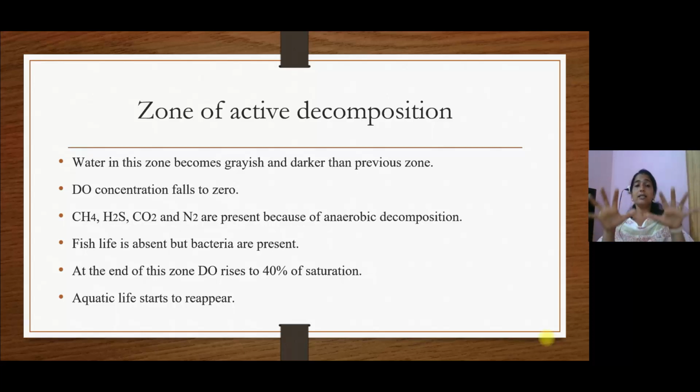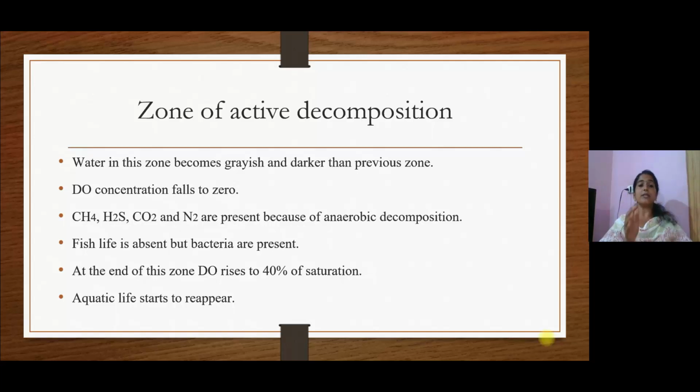That is, the total dissolved oxygen content available in the dilution water will get utilized by the waste present in the wastewater, and the organic matter will get decomposed, and the total dissolved oxygen content of the dilution water plus wastewater will be equal to zero. Methane, hydrogen sulfide, carbon dioxide and nitrogen are present in this zone because of this anaerobic decomposition.